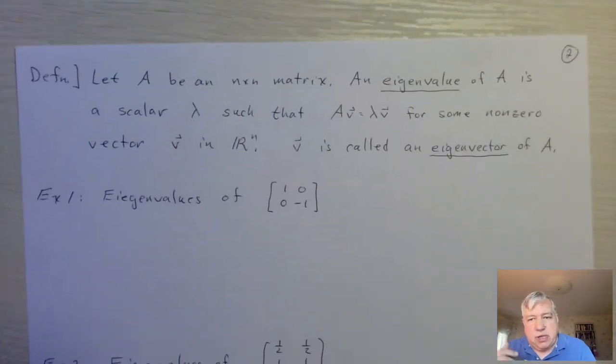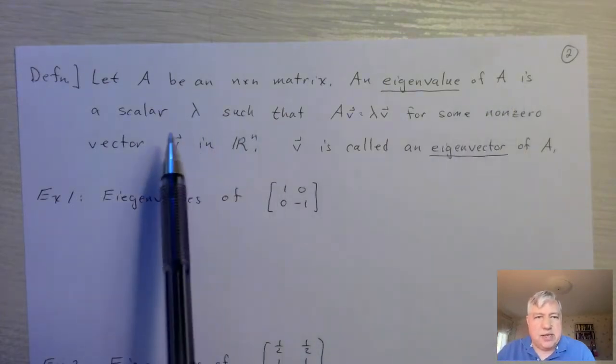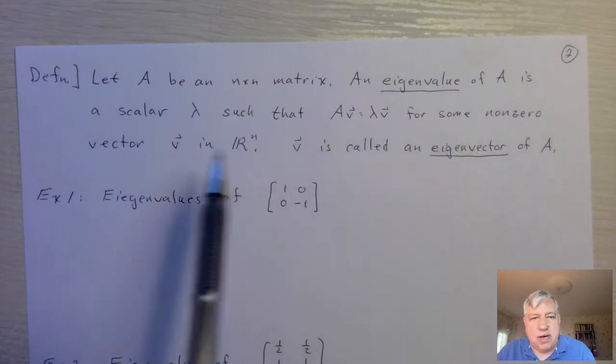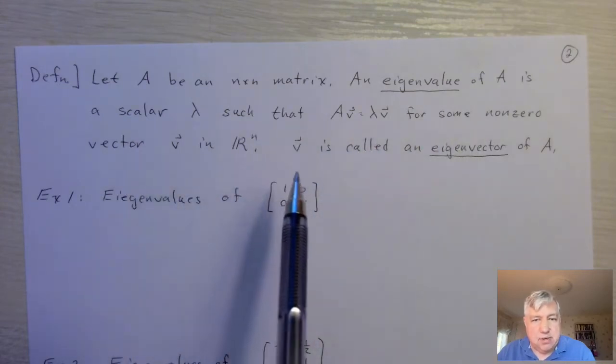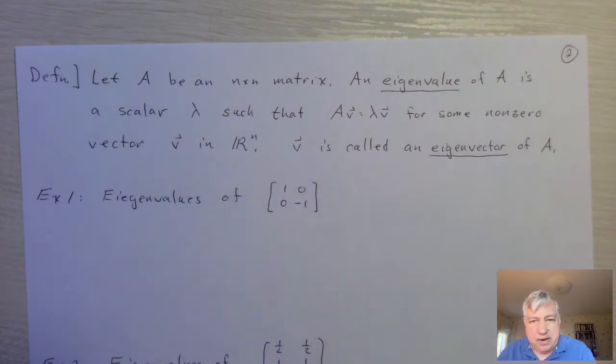We are not really going to be talking about this in terms of linear transformations anymore, but in terms of matrices, even though, of course, every matrix is a standard matrix for some linear transformation. But anyway, if A is an n by n matrix, we say an eigenvalue of A is a scalar, lambda, such that Av equals lambda v for some non-zero vector v in Rn. And if such a vector exists, it's called an eigenvector of A.